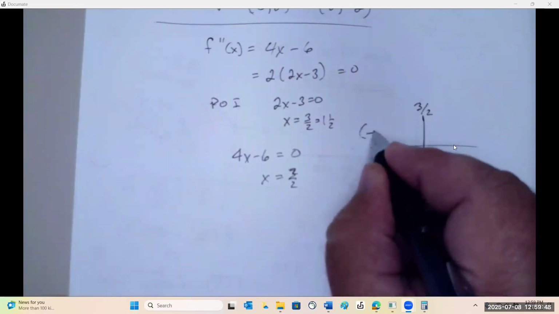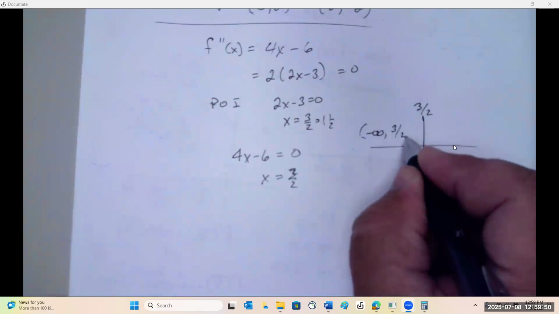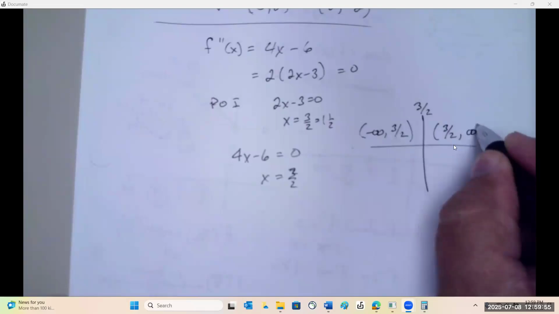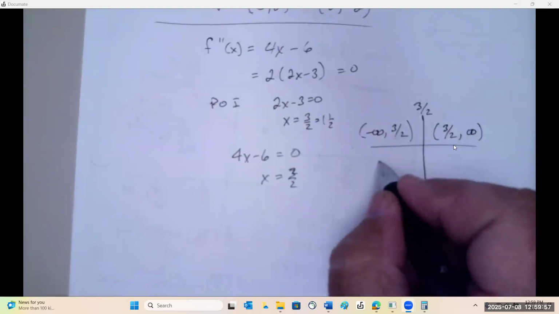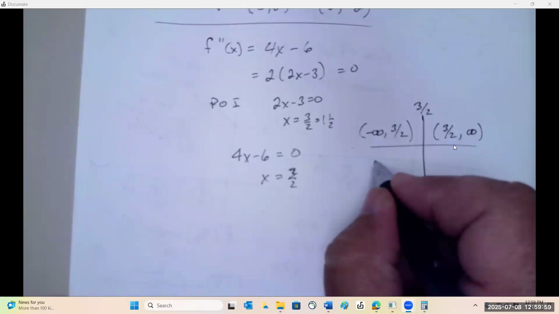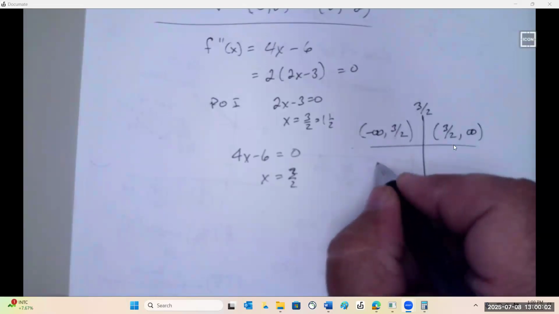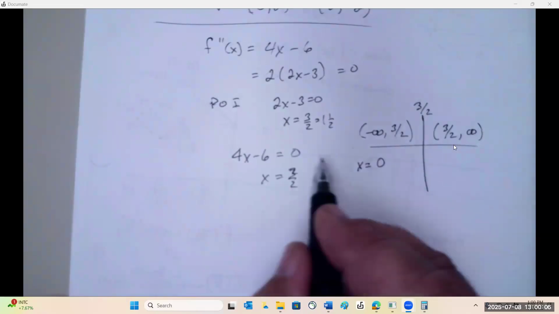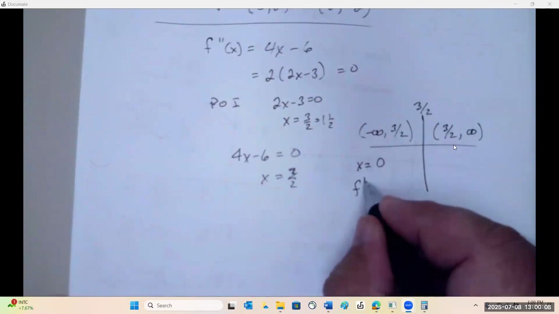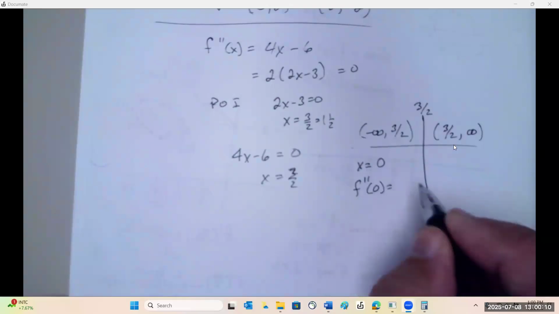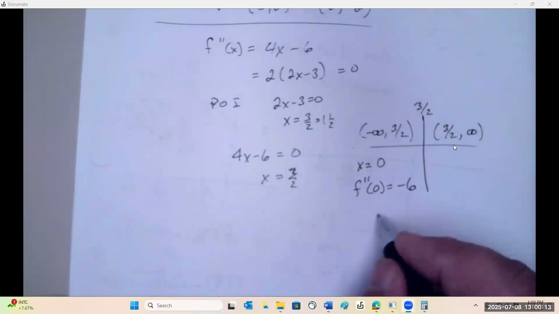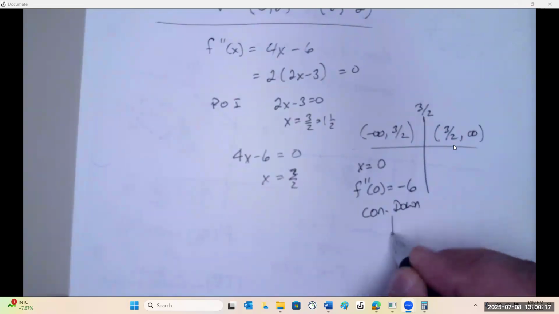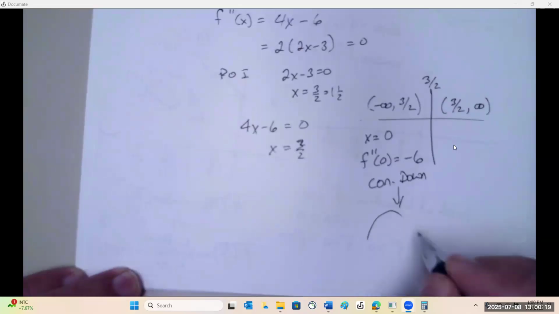Anything to the left of it, and anything to the right of it. So if I pick a value to the left of 3/2, so let's say 0, plug it inside my second derivative, I get negative 6, which is concave down. So the graph will look like this on this side.